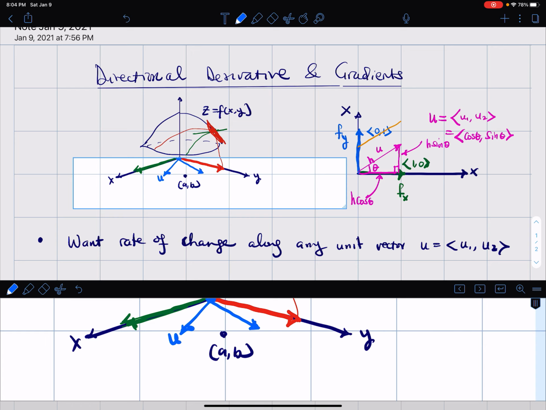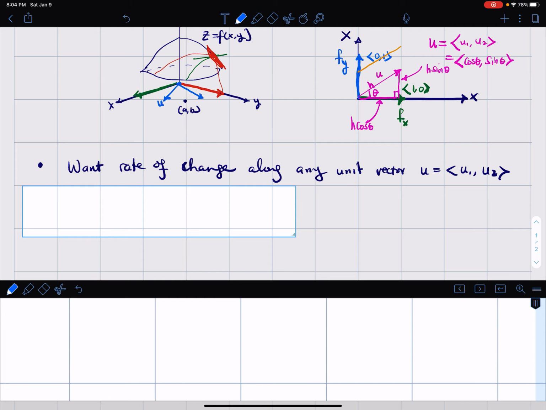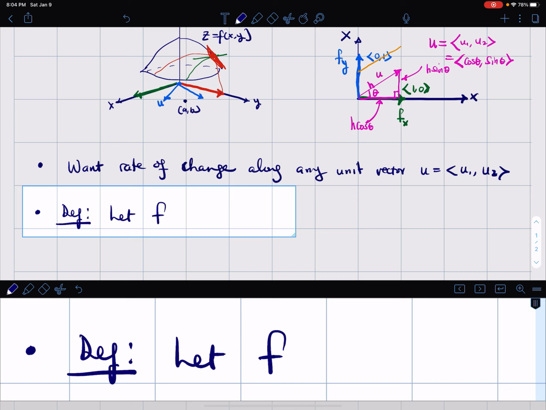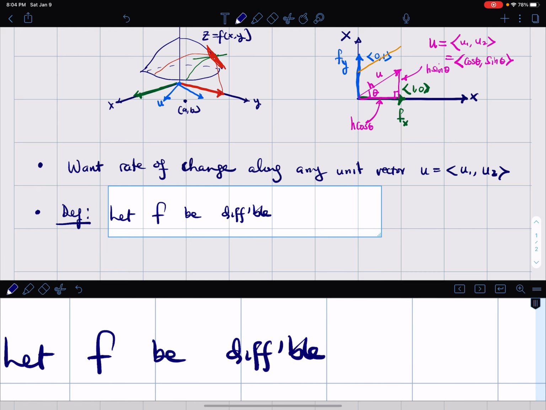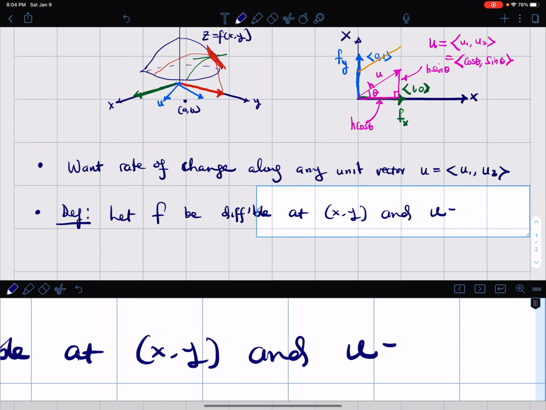All right, now that brings us to the concept of the directional derivative. So we can now define what a directional derivative is. If we let f be differentiable at the point xy, and if we let u be any unit vector, cosine theta, sine theta, right?